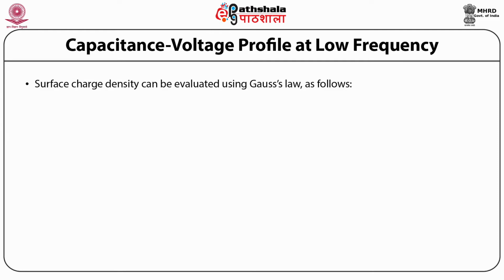Surface charge density can be evaluated using Gauss law as follows. Qs = kT/q × εs/λI × sign(UB − US) × F(US, UB).